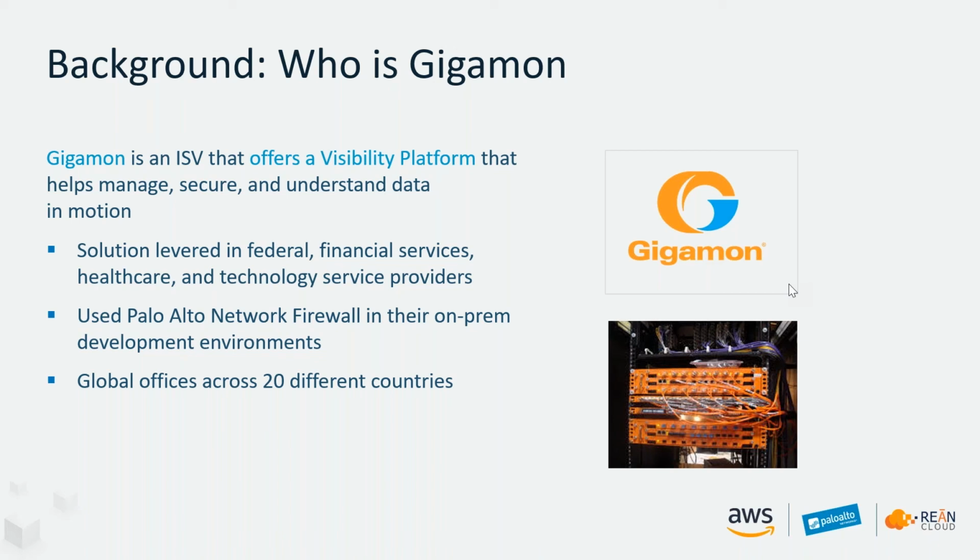Traditionally, their solutions, and we've got the little picture of the orange boxes there, have been appliance-based, where they connect into taps or spanning ports on different network elements to collect that network data and provide that solution. And their customers, by the way, include over 80 of the Fortune 100, so they're pretty widely deployed at large enterprises around the world.